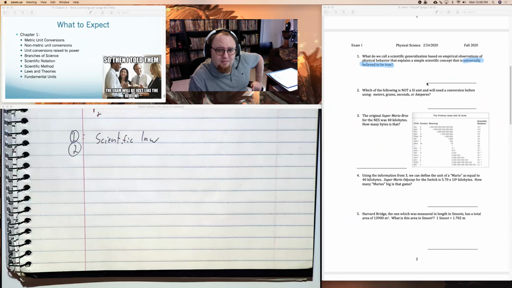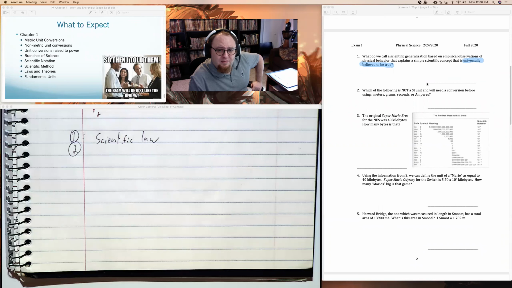Now, before I get into unit conversions, as I said, there's normally going to be 2 questions that are like this. Other things to expect would be scientific method, know the steps. Scientific notation, like here's a big number, convert it into scientific notation, or here's one number in scientific notation, convert it to a big number.